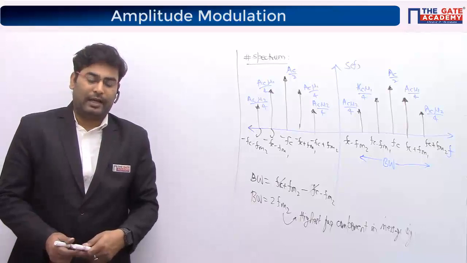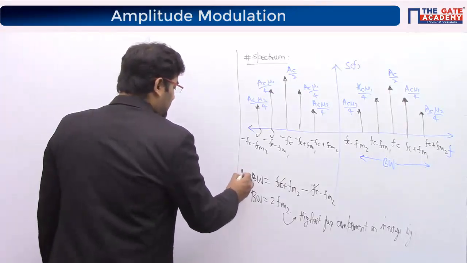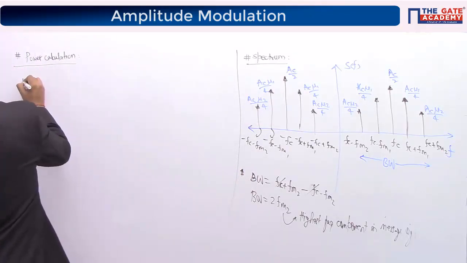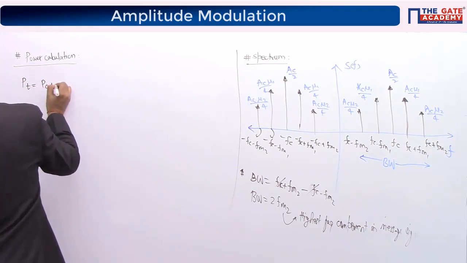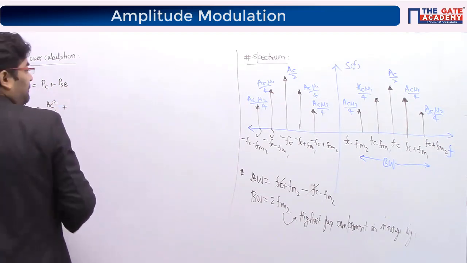Now we'll do the power calculation, guys. So put the small heading. So this was bandwidth. Now we'll do the power calculation. So PT equal to, we recall, it is Pc plus P sideband. Carrier power is still Ac square by 2.